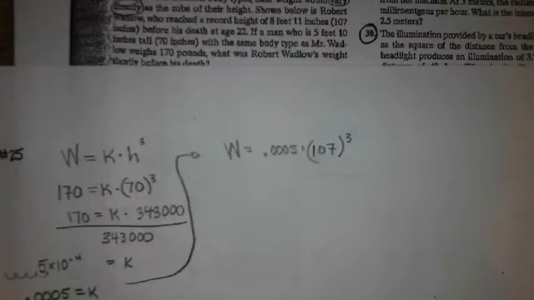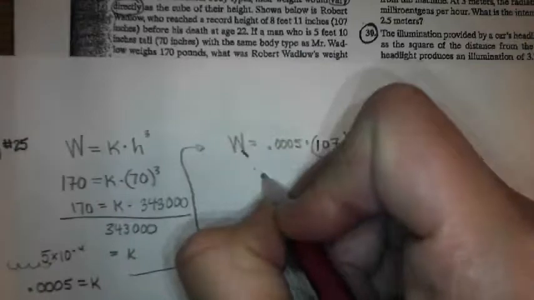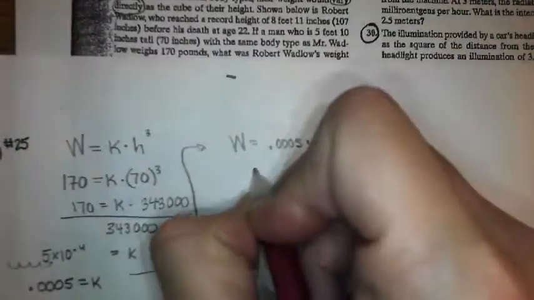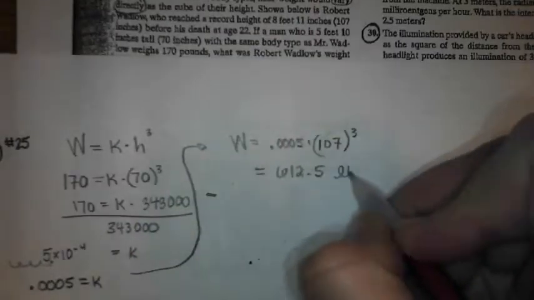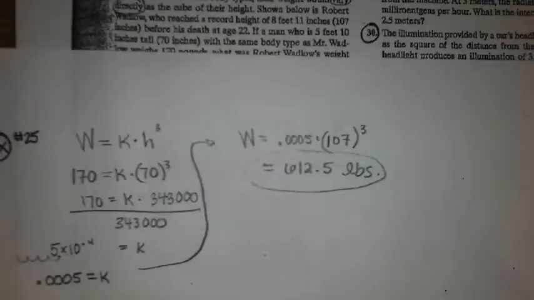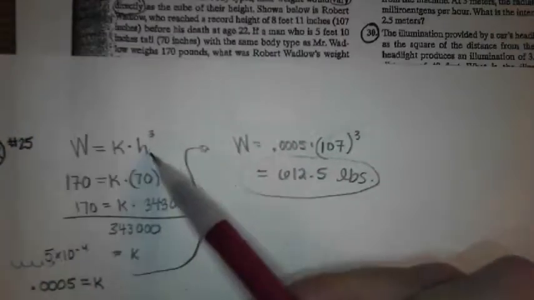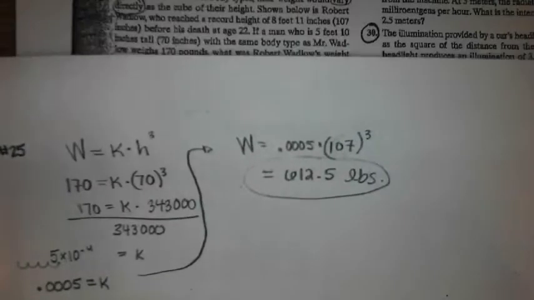So 107 to the third power times 0.0005, and I get 612-ish, we'll round to nearest 10.5 pounds. Okay, so the key there is look out for varying directly with not just height, but height cubed or height squared or the cube root of height. All is possible. Then we're going to jump to 30.